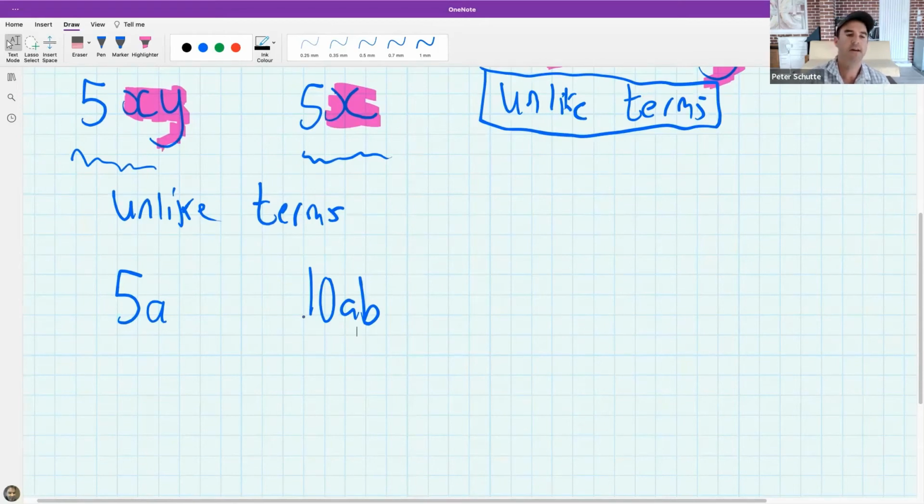Okay, well done, my people. You guys are doing awesome. Even though they do have an a in common, the variable here is a, whereas the variable part here is ab. The only way you have like terms is if you have the same variable and the same power.